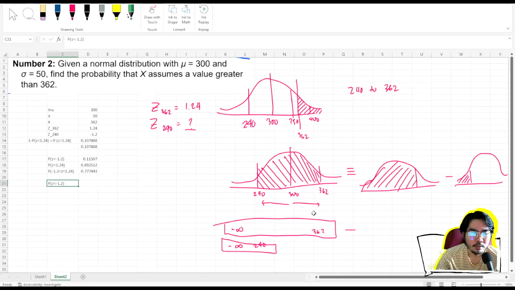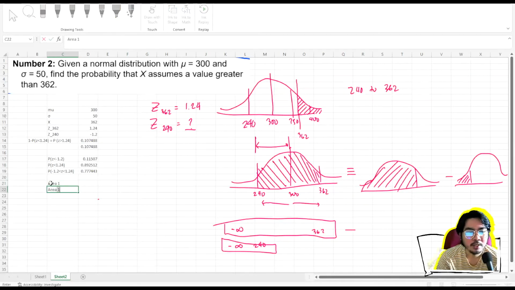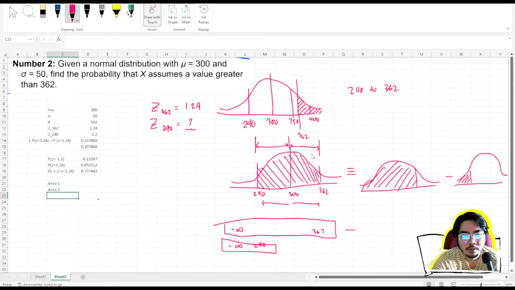sorry. If we try to measure from, kunwari, gusto natin makuha tong, eto lang. So the easiest way to do that, hindi ko na isusulat yung class, no? Let's just say area 1 na. Area 1 and area 2. Kunwari, ito naman si area 2. This is area 1, area 2.